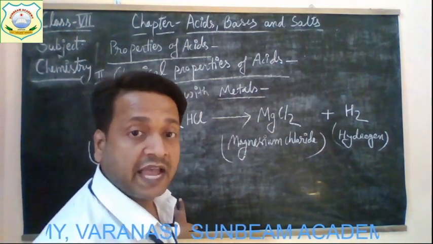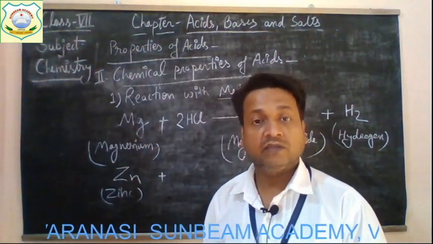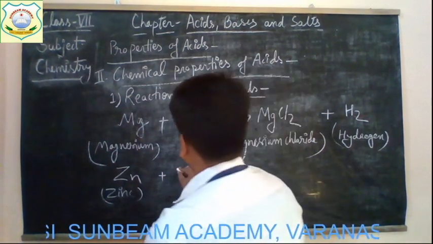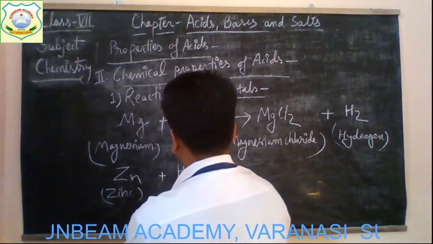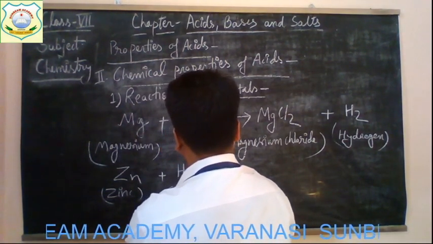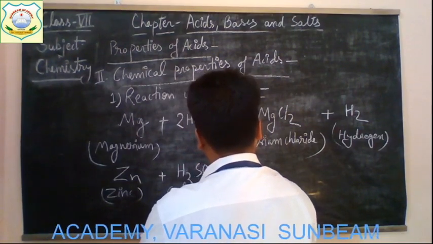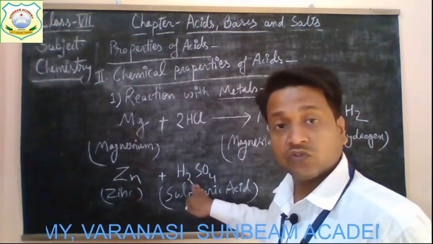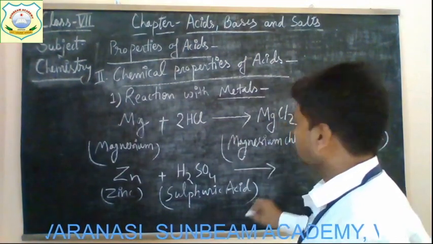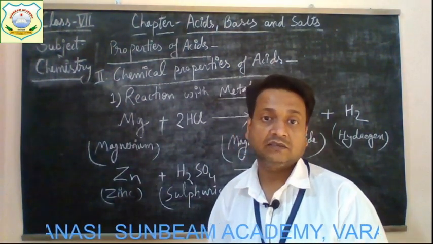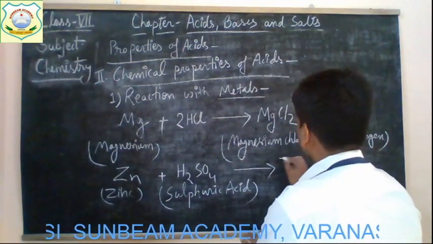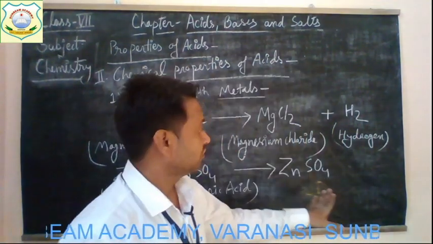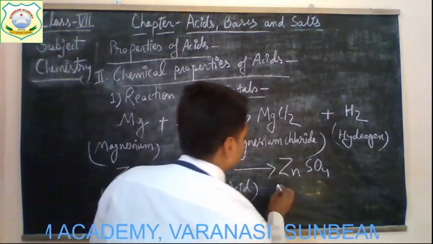When zinc reacts with sulfuric acid, the formula of which, children, you know, is H2SO4, it forms a salt, that is zinc sulfate, and the formula of zinc sulfate is ZnSO4.